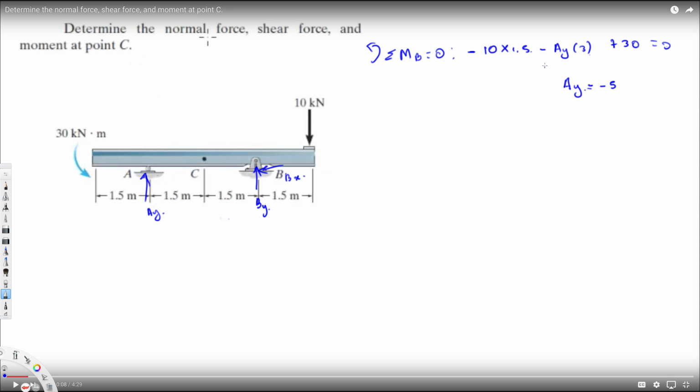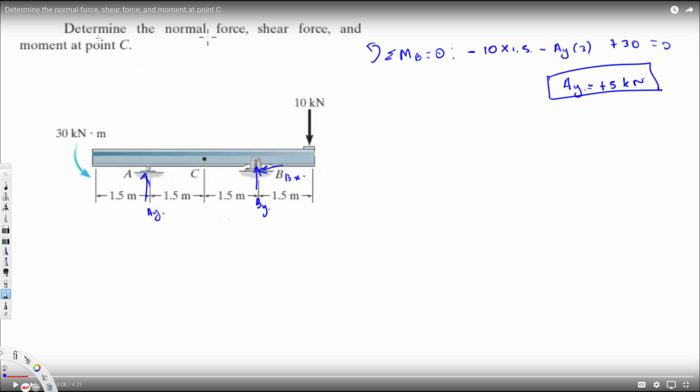Let's make sure again: negative 30 plus 15 is negative 15, plus 5 kilonewton. So our direction is right.